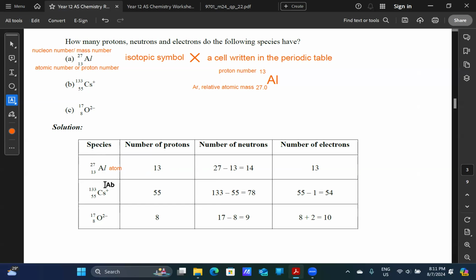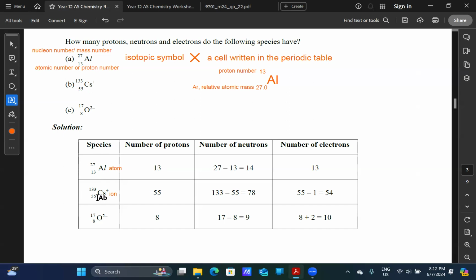The next example is cesium. Cesium here is an ion. How do I know this is an ion? Because from the chemical symbol here, it carries one positive charge. So this is a type of positively charged ion. Again, the number below the symbol is 55.